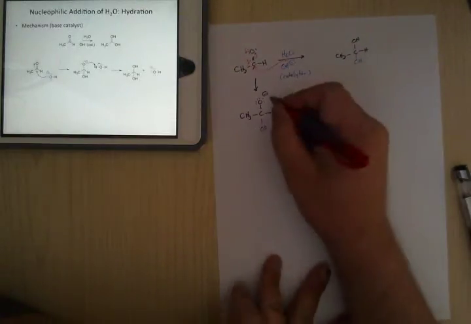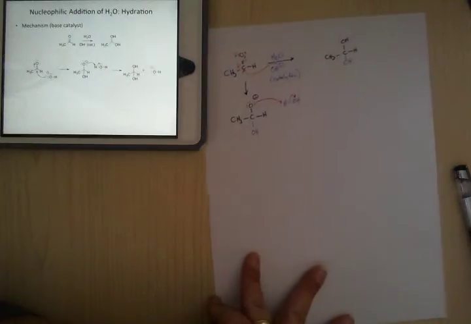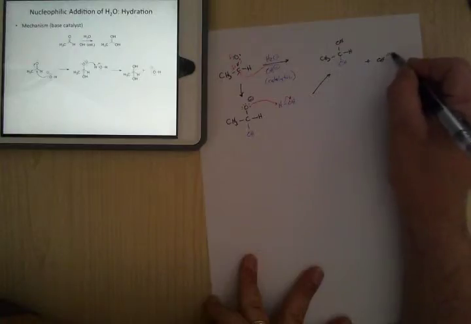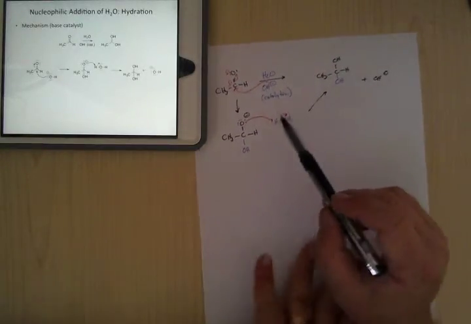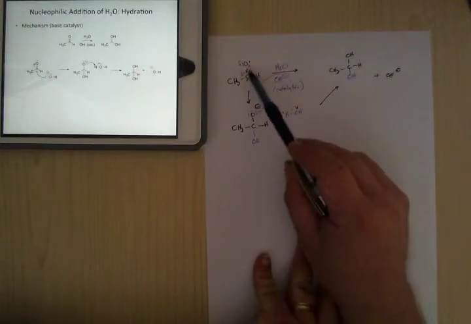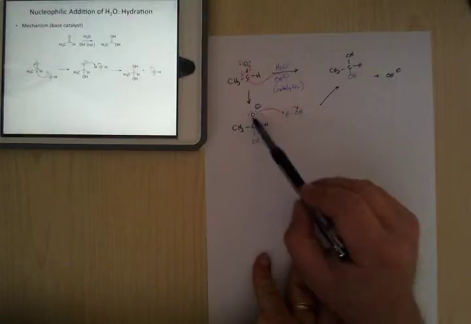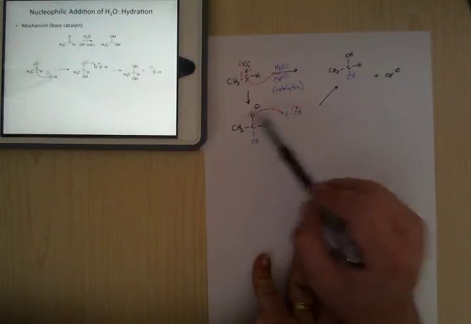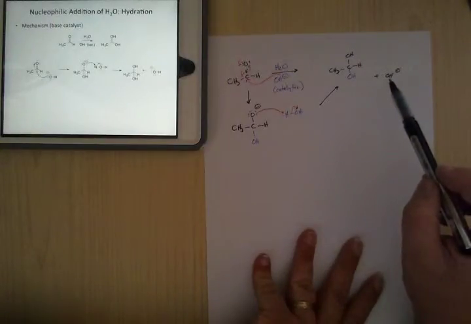So this guy here just comes in, rips off the hydrogen, pushes that there. So you end up with this plus OH minus. You regenerate your catalyst. That's not too bad, right? So this comes in to attack, pushing that up, to make what attacked it, and the O minus, the tetrahedral intermediate. Now this comes in and rips off a hydrogen to regenerate your base catalyst. Not too bad.